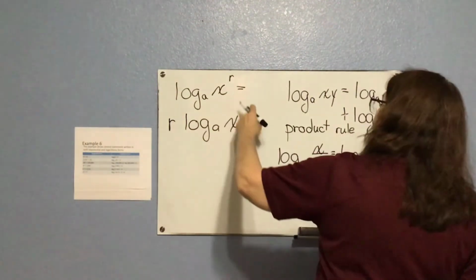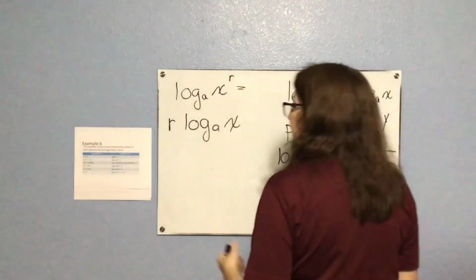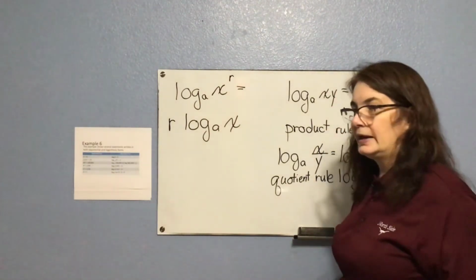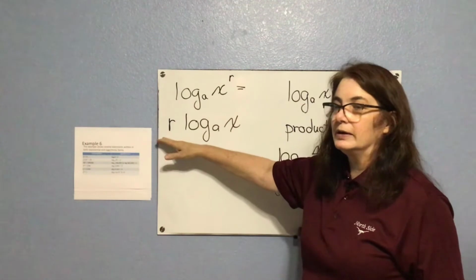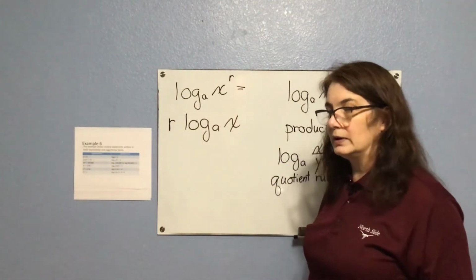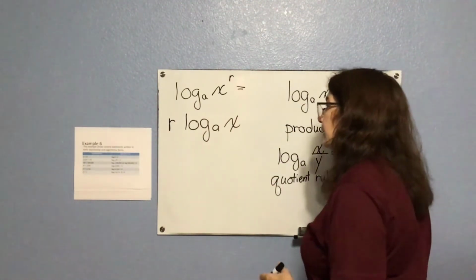So if I had the r that I didn't know, it's very difficult to solve for an exponent, but if I can take the logarithm of it, then I can bring the r out front here. Now it's not an exponent anymore, and much easier to work with.